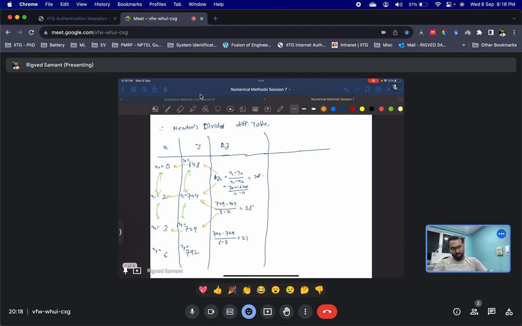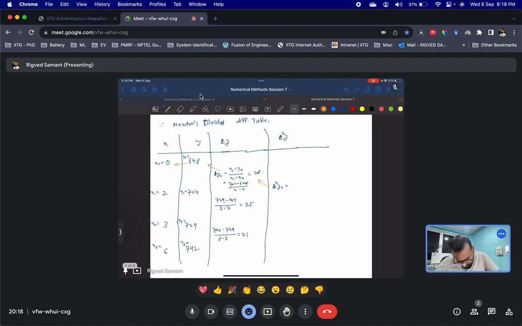Now for the same logic we are going to use in the second one. So delta square divided difference, second one. So here it would be delta square of y0 divided difference. So you are at this point, and it will go here.